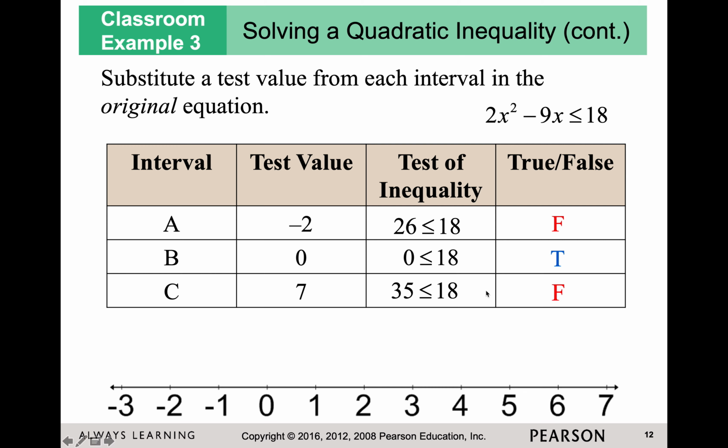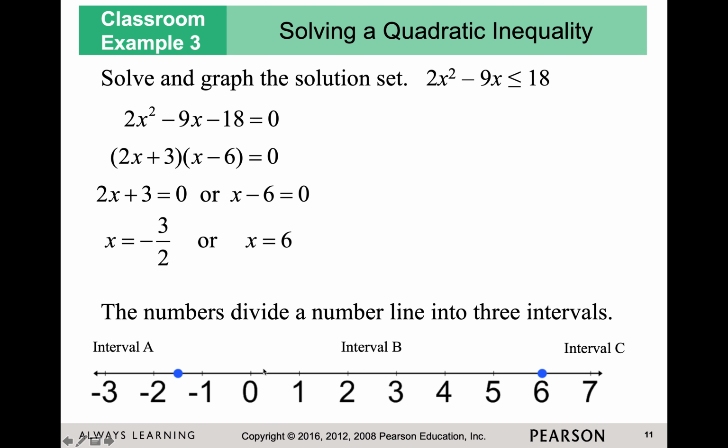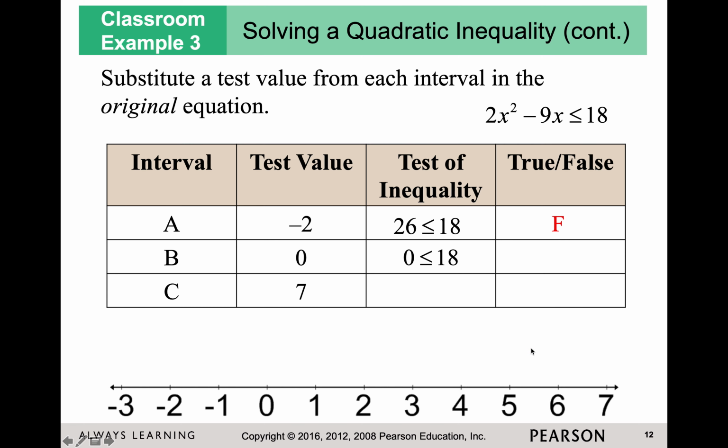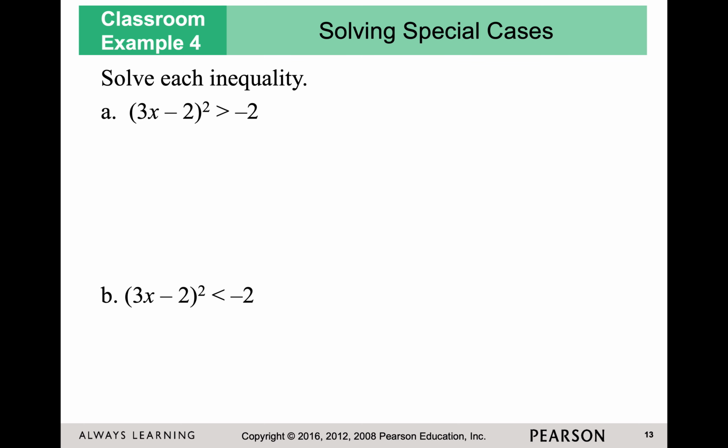The only interval that is true is interval B, which if we go back, interval B is between -3/2 and 6. So that tells me that my interval is -3/2 to 6. It has the equal to, so it's going to be a bracket. And then I would shade.